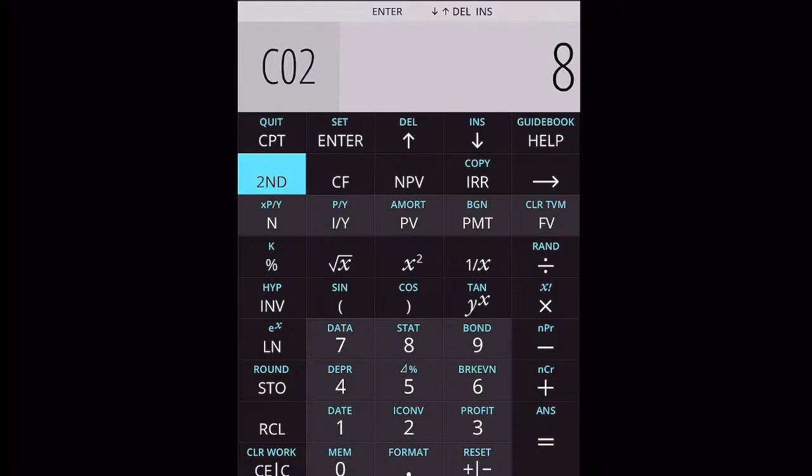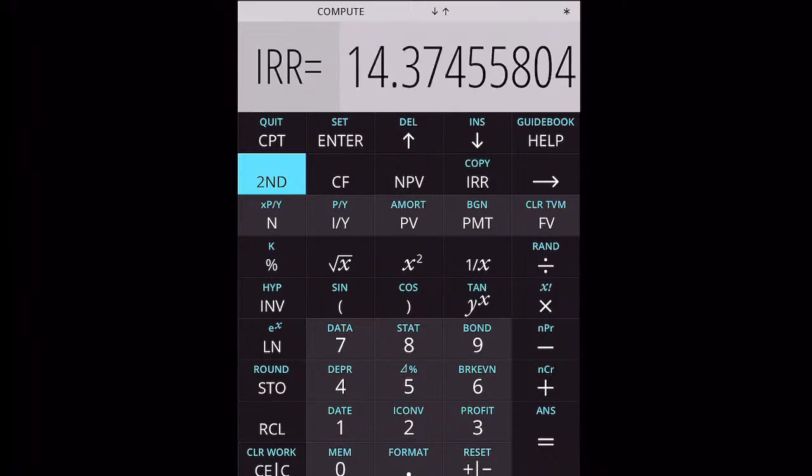And then 800, negative, enter, down, down. And then 3,500, negative, down, down. And I ask for IRR and compute: 14.4%.